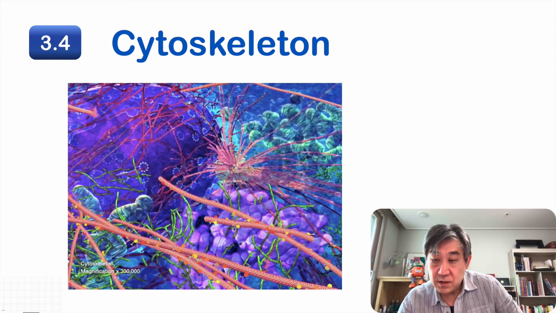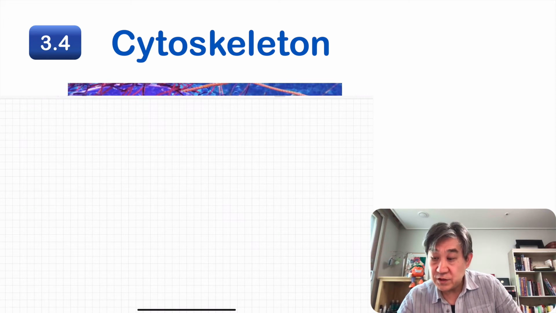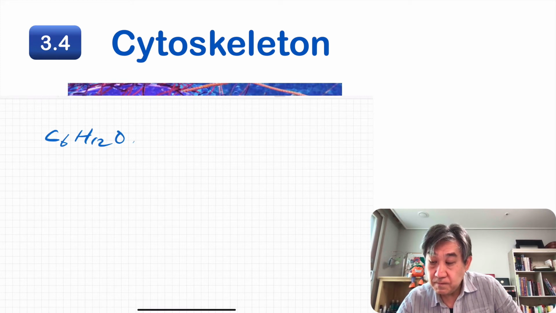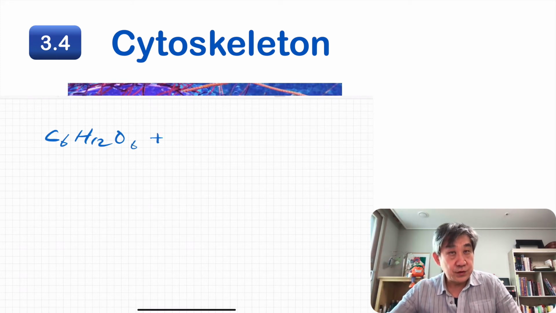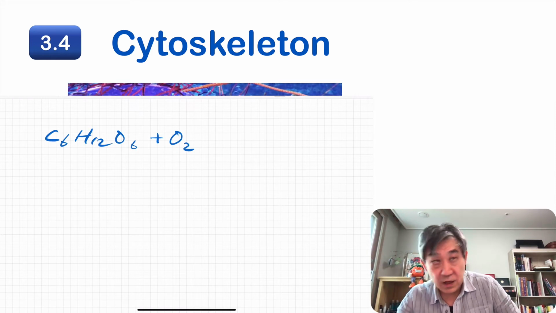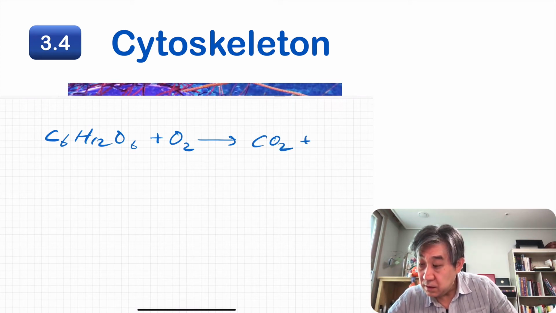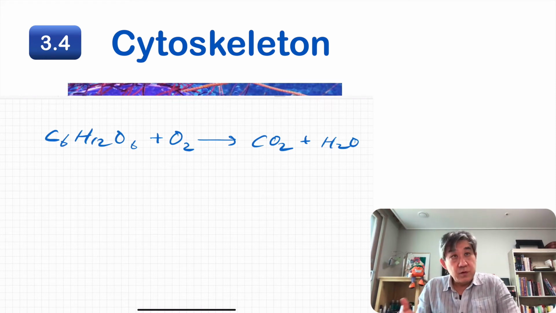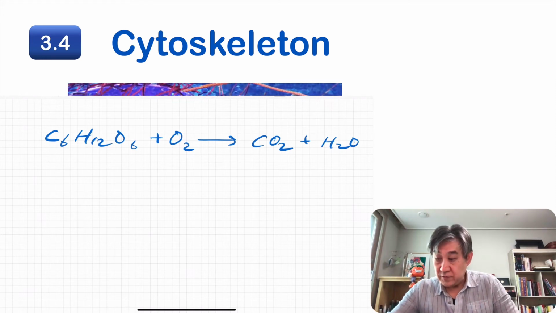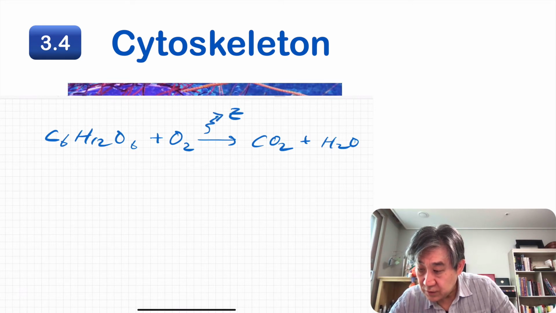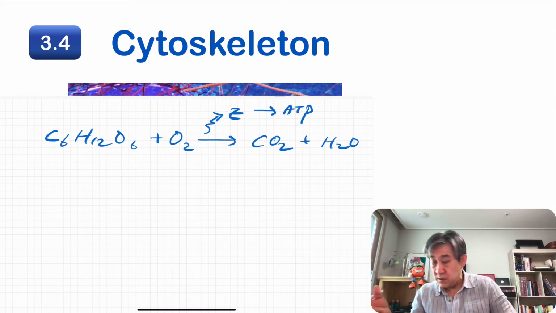If we try to sum up, in the case of the catabolic reaction, which is aerobic respiration, starting from glucose, and to carry out this reaction you absolutely require oxygen, and you get carbon dioxide and water, because oxygen will be reduced into water, and as a result energy is released, and that energy is used in synthesizing ATP.